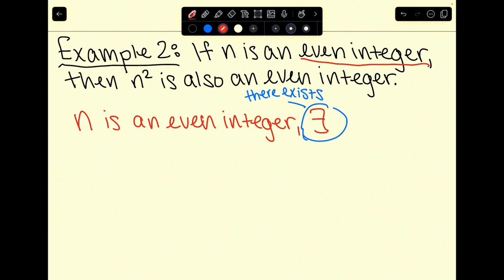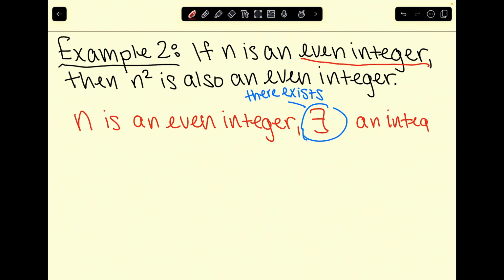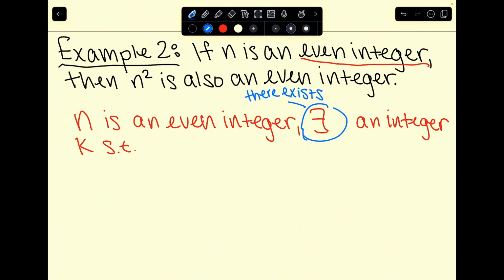And you're going to see me use that symbol quite a lot. So n is an even integer if there exists an integer that we'll call k, such that, and this little abbreviation just means such that.